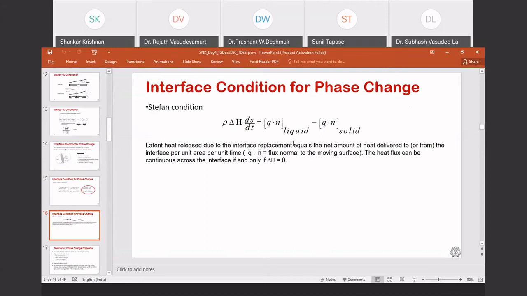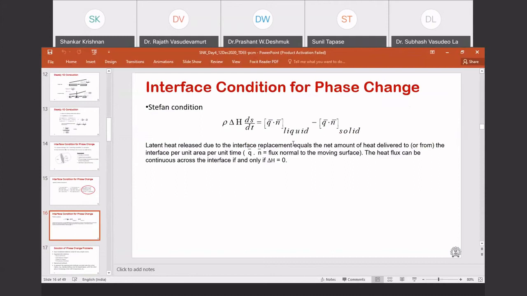If it is a binary alloy or a tertiary alloy or quaternary alloy, then one has to really worry about concentration, and there will be a liquidus temperature, a solidus temperature, and a mushy zone. That we are not talking about. We are just purely talking about a pure phase change material that changes phase from liquid to solid or solid to liquid at a constant temperature.